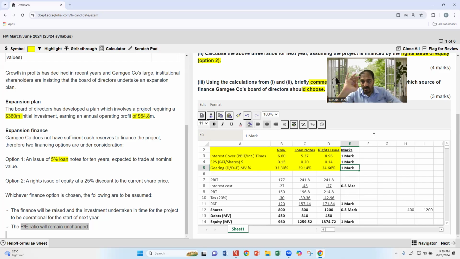Remember two important things. Number one, for section C type questions, there's a rule called OFR, own figure rule. For example, if a student by mistake has made a mistake with interest cover, the student will lose the 0.5 marks.